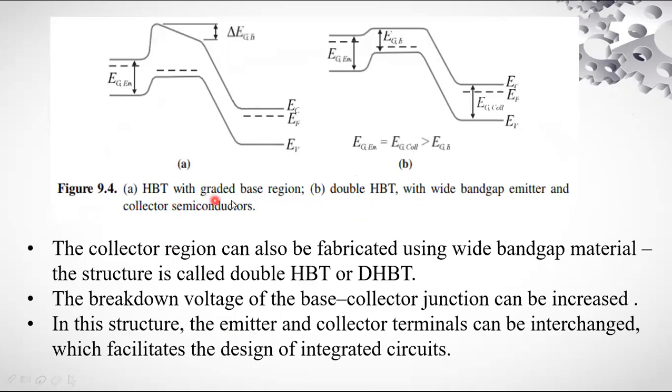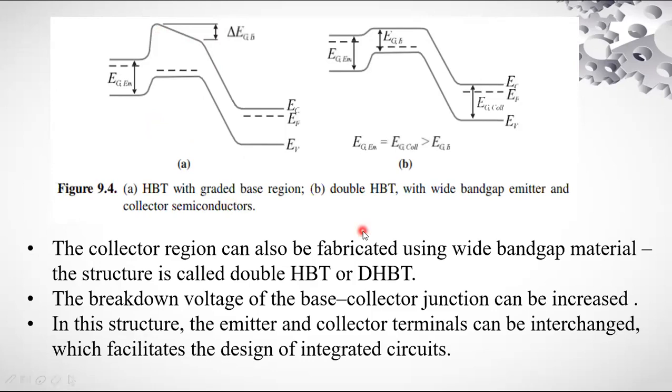So in a graded base HBT, we can see that the base layer is graded, means the band gap decreases from one end to another end, right? So this grading causes an electric field that can accelerate electrons traveling through base region, which in turn reduces the transit time, and we can use HBTs at higher frequencies. So that is one method, one improvement.